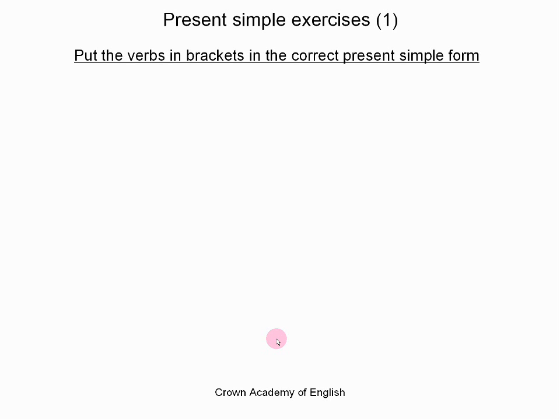Okay, so let's move on to some exercises then. And so the first one is putting the verbs in brackets in the correct present simple form. So for an example, here in the gap, so we've got the word I, and then there's a gap, and you have to fill that gap with one of the choices in the brackets.